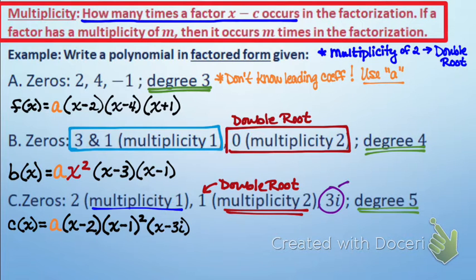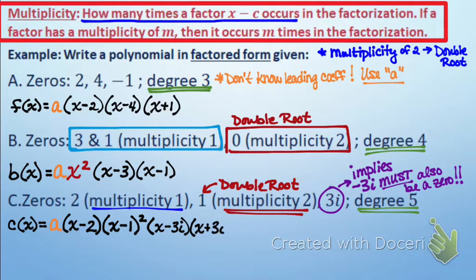So 3i being a root, this implies that negative 3i must also be a 0 of this function. Anytime you see an imaginary root given, its positive or negative counterpart has to also be a 0. So what would another factor be here then? X plus 3i.